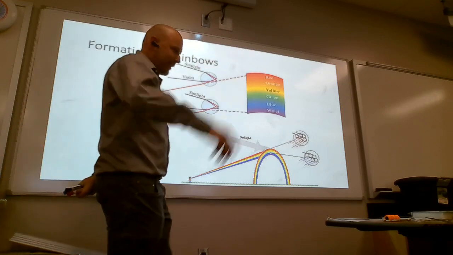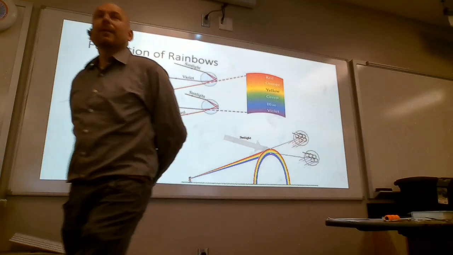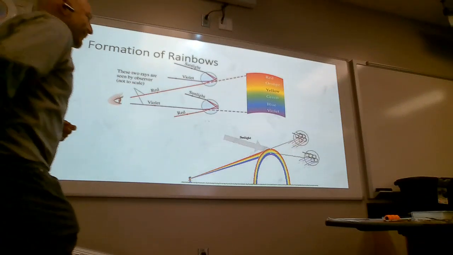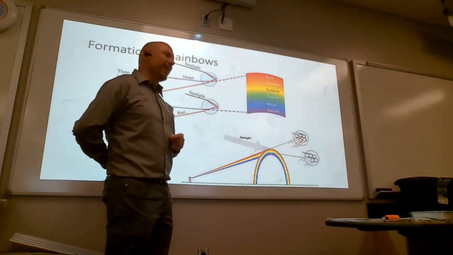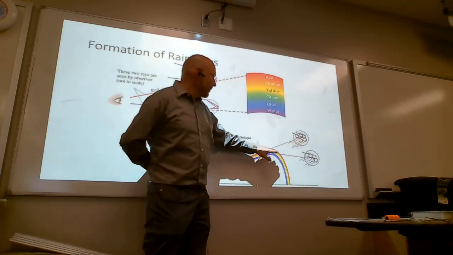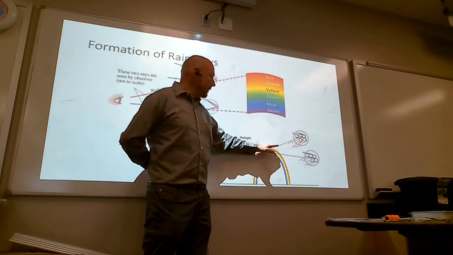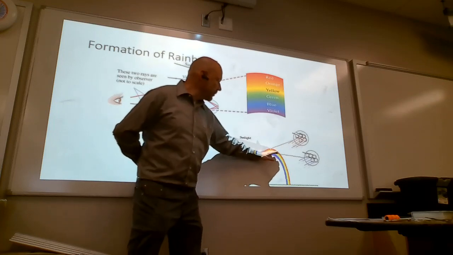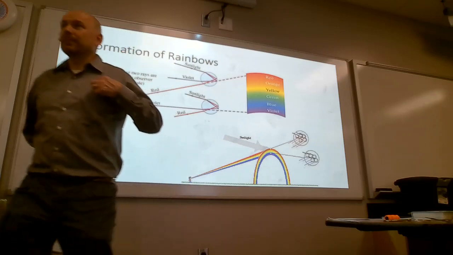We're not going to talk about it, but yes. Hang on to that. That's a great question. We will get to it in about five slides. Okay. So the raindrops at this level are shooting red into your eye. The raindrops here are shooting purple into your eye.